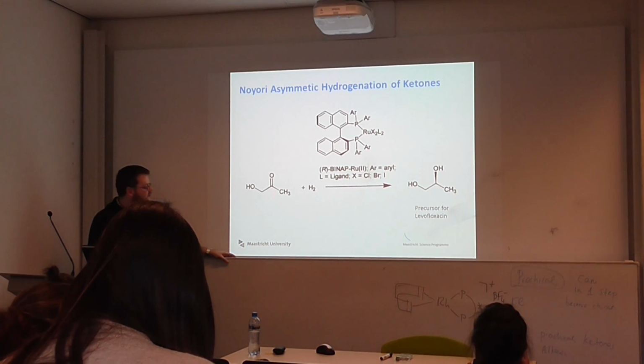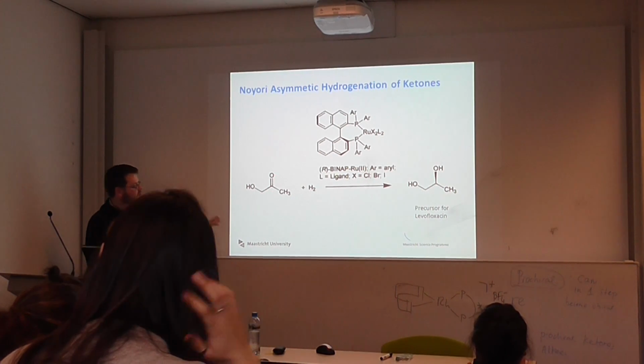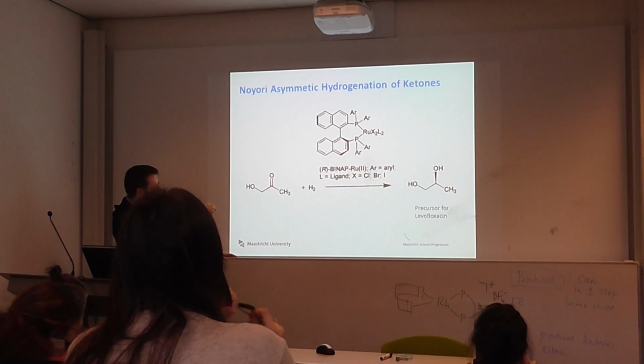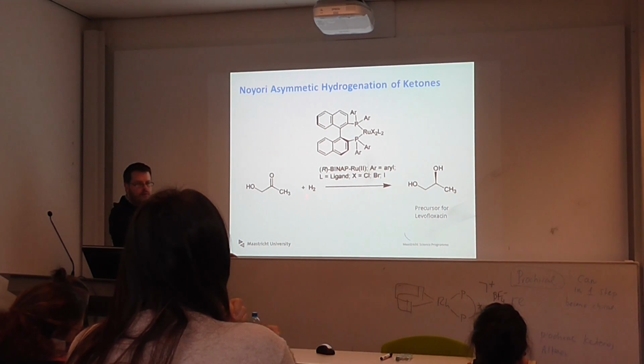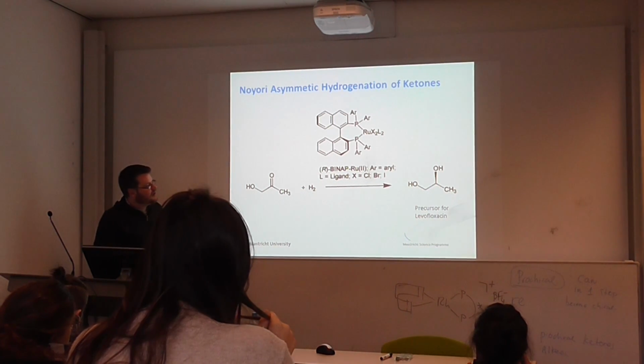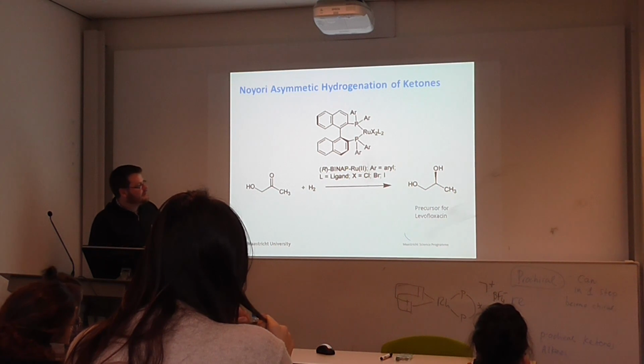So this is a prochiral system. You can see the priority would be 1, 2, 3. So the top face is 1, 2, 3. It is anti-clockwise, so the top face is the C face. The bottom face is the Re face.